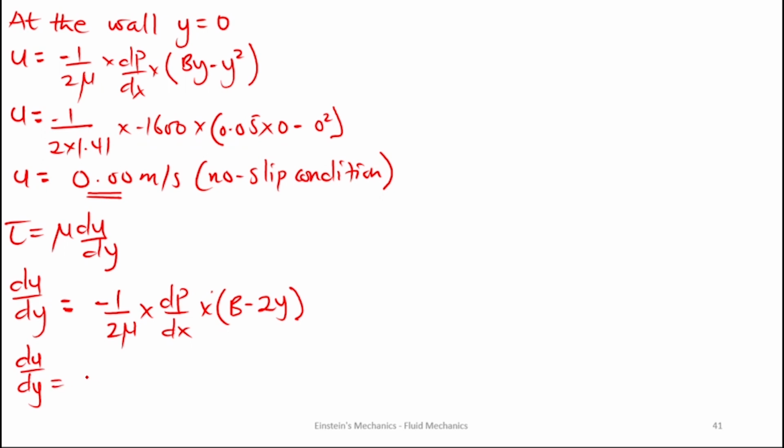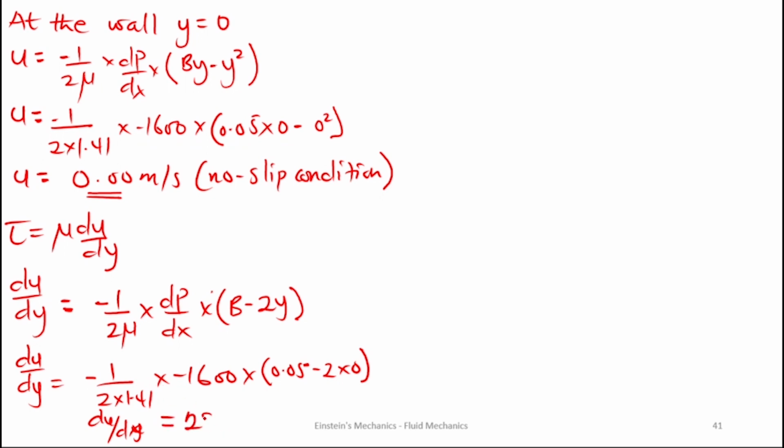Let's put in the values. Du dy is going to be negative 1 on 2 times 1.41, negative 1600, the b 0.05. Are we good? Minus 2 times 0. And our du with respect to y, when you punch everything in, is going to be 28.368 per second.